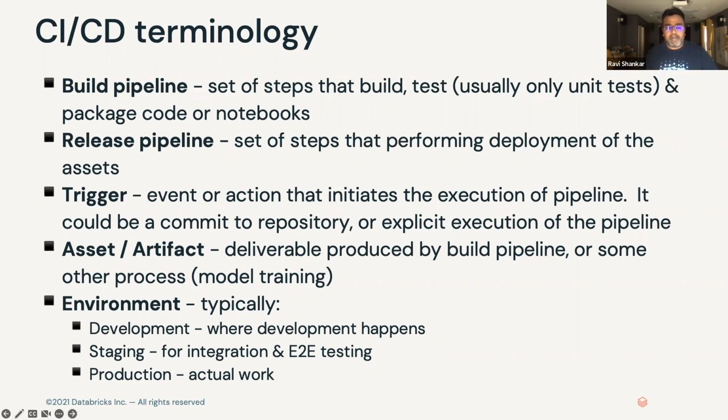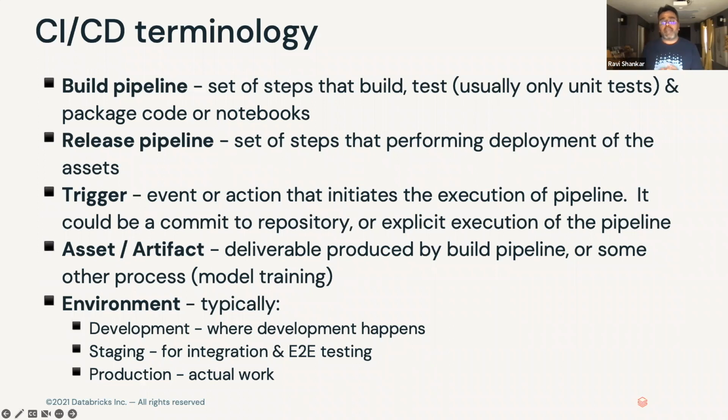And finally, we will also be using something called a trigger. A trigger could be anything, an event. So I have multiple branches as part of my Azure Repos. I have a master branch, and I'm taking my own branch and starting to work on my code. And let's say I'm merging my code to my master branch.